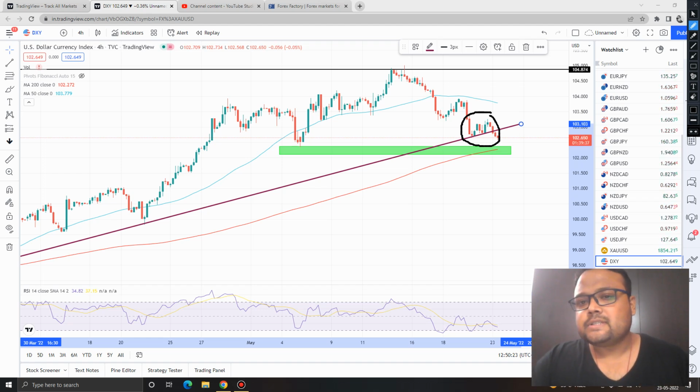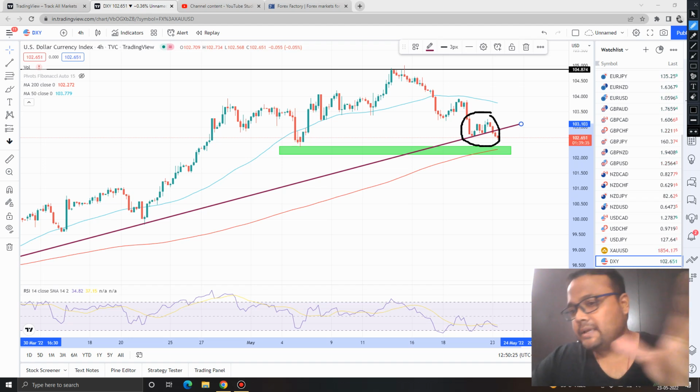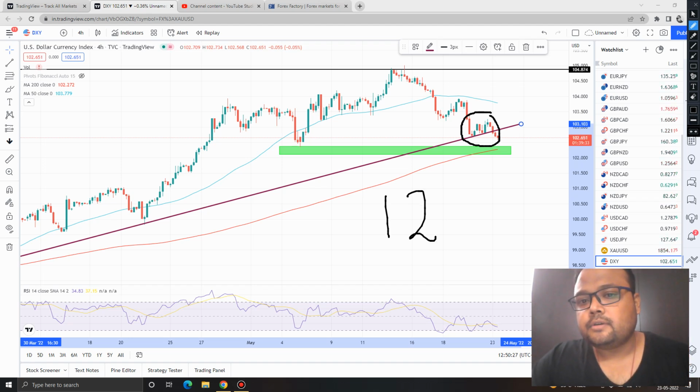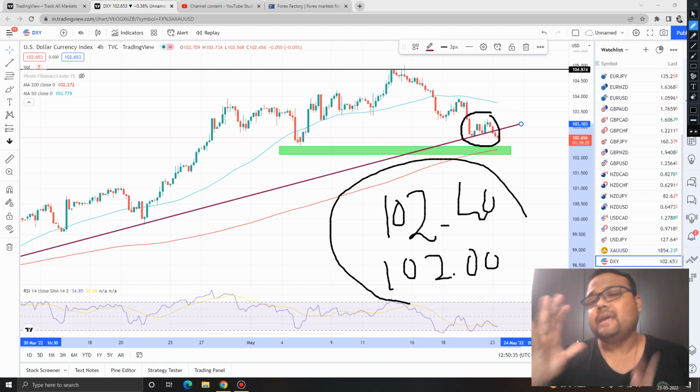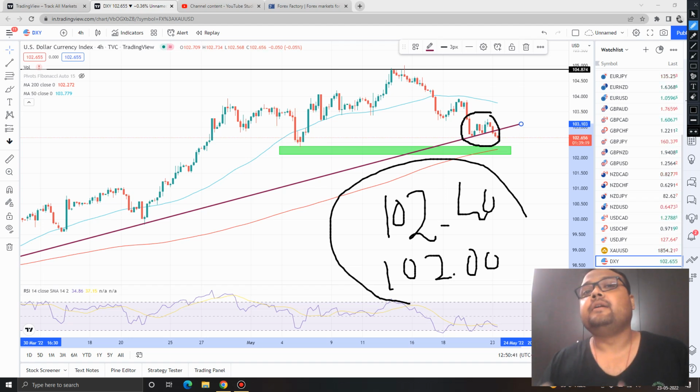Anyways, DXY is approaching the most important support of 102.40 to 102 level. This is a very critical support zone for DXY, because if DXY breaks this support level, there may be a possibility of a complete trend reversal.